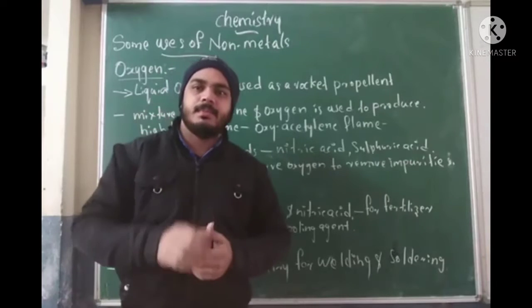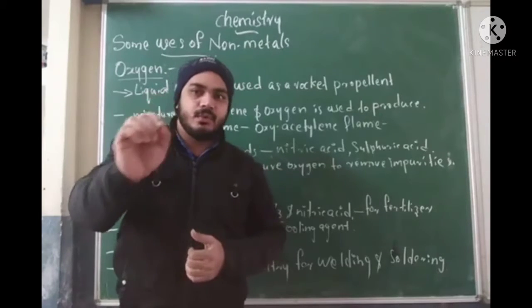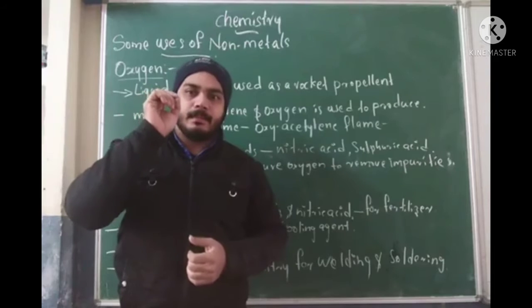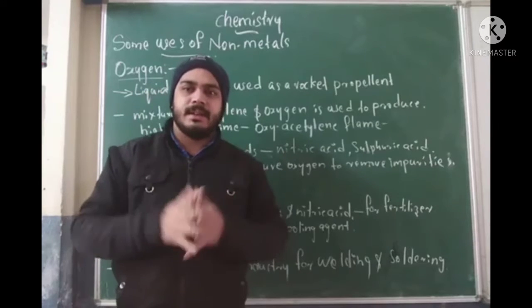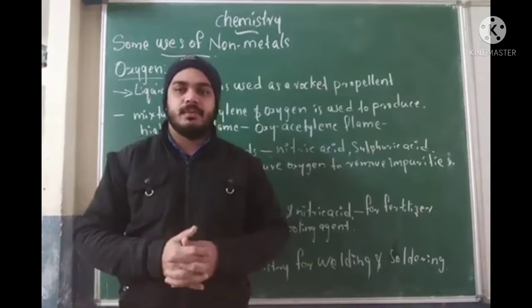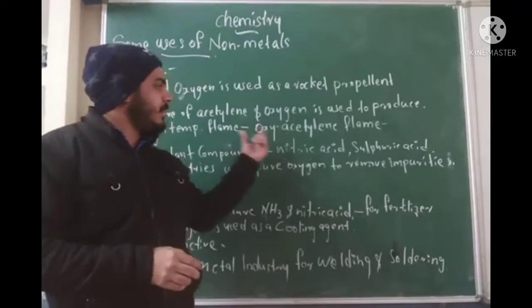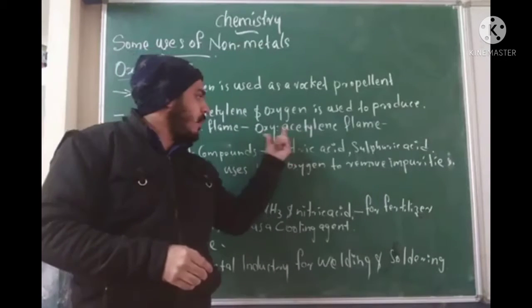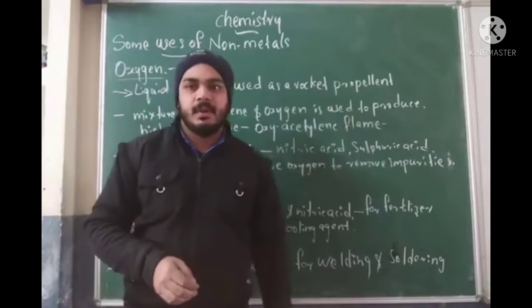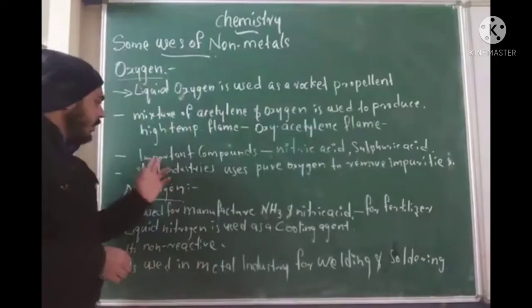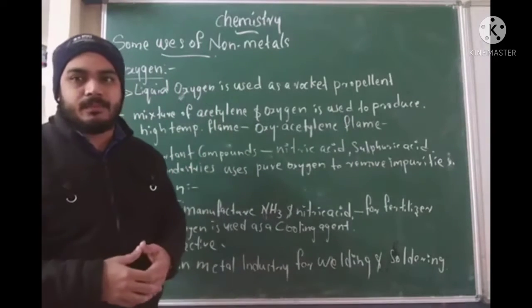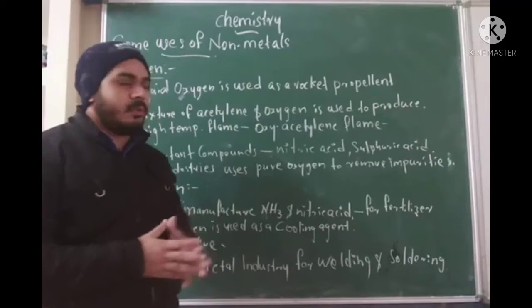The high temperature flame is applied to a particular piece of iron or other solid things, so that they are easy to break. That's why it is a high temperature flame, named the oxyacetylene flame. And the next use is in making important compounds.